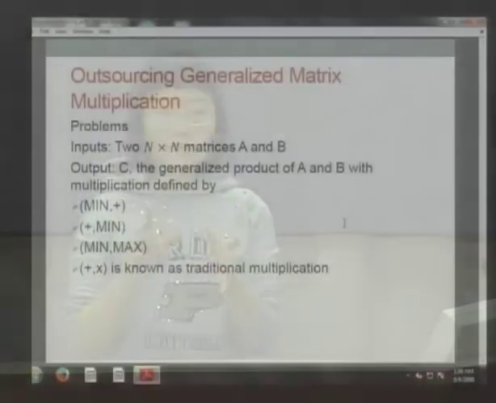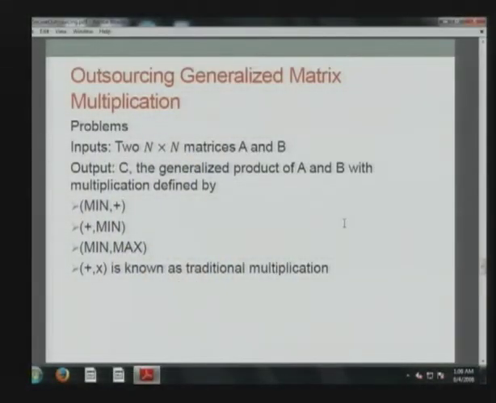And I think min plus is more popularly used, as in the all pairs shortest path. In the algorithm to compute the all pairs shortest path of a graph, we use this min plus multiplication to iterate on the input matrix.